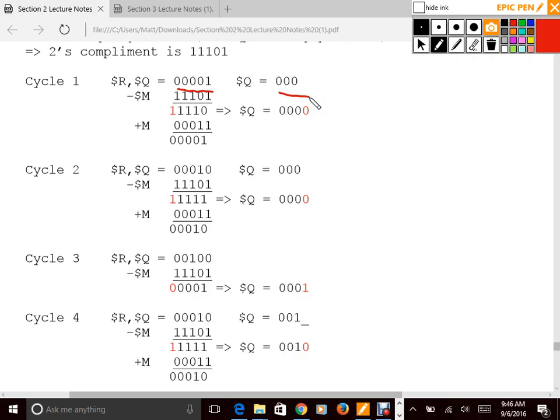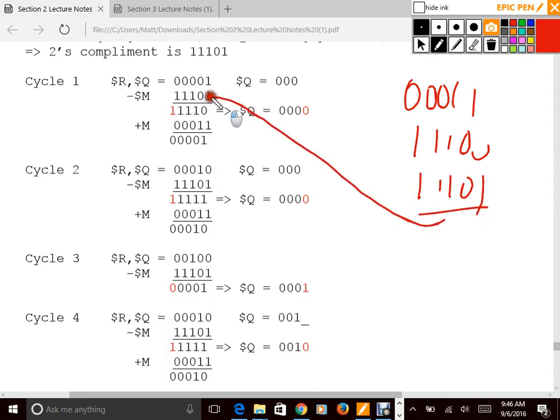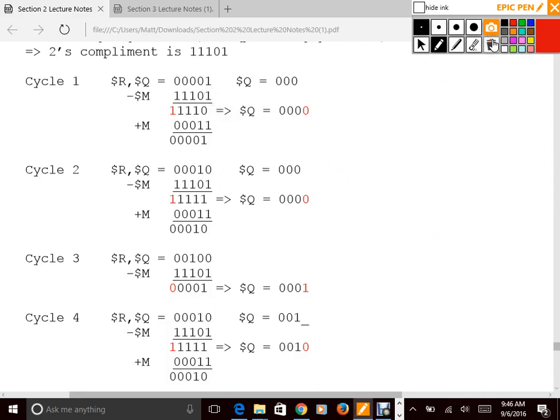Then, in restoring division, you subtract the mantissa every time. So in this case, 3, 1, 1, 1, 0, 1, which is how we got this number here. And this becomes 1, 1, 1, 1, 0. Now, the most significant bit is 1. So what does that mean? There's two things here.